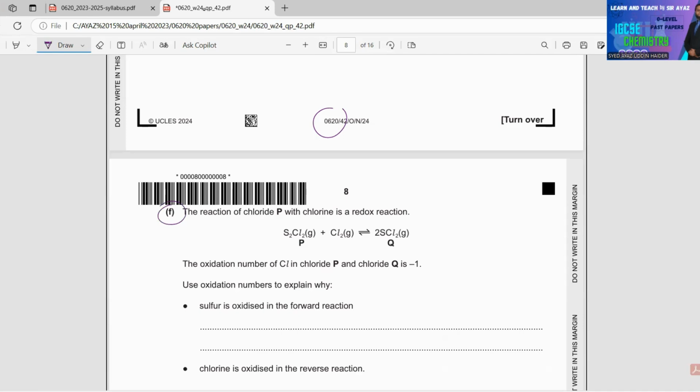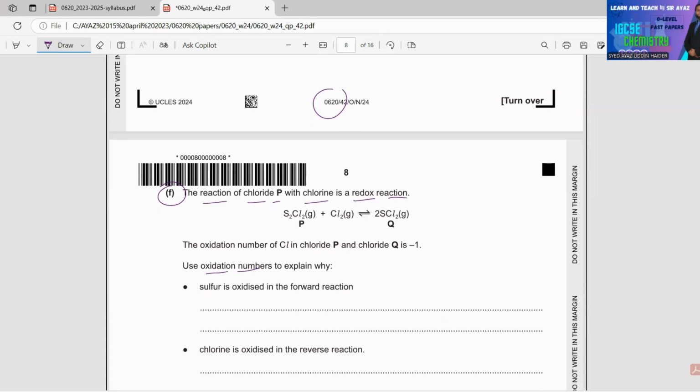F. The reaction of chloride P with chlorine is a redox reaction. Here's the reaction equation: S2Cl2 gas plus Cl2 gas, reversible sign, 2SCl2 gas. The oxidation number of Cl in chloride P and chloride Q is -1. Use oxidation numbers to explain why sulfur is oxidized in the forward reaction.